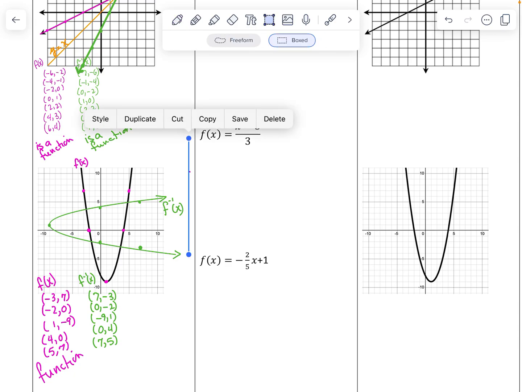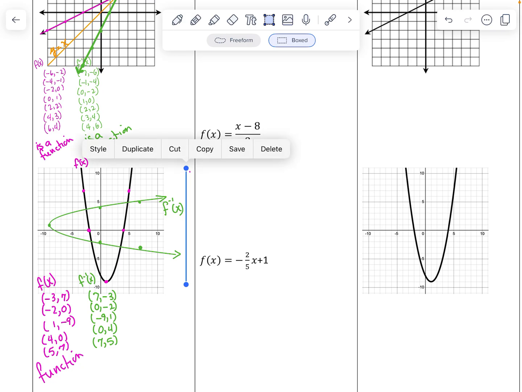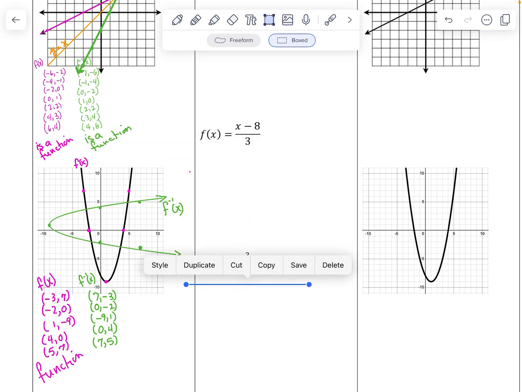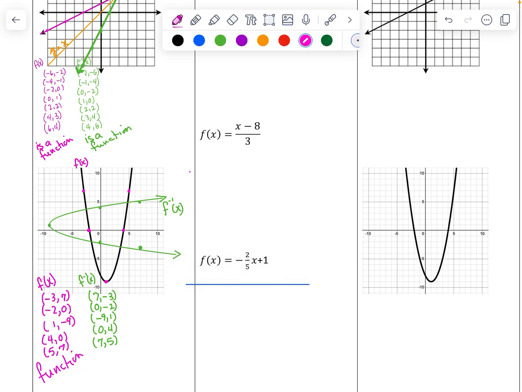And the answer to that is no, because the blue line hits the green curve twice. It fails the vertical line test. Okay? So, kind of interesting. The original function, the pink one, maybe I should make it pink, so.